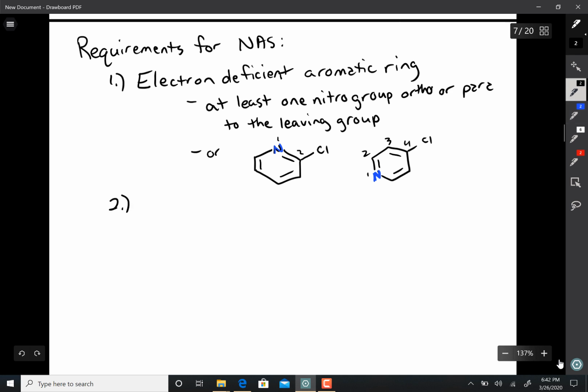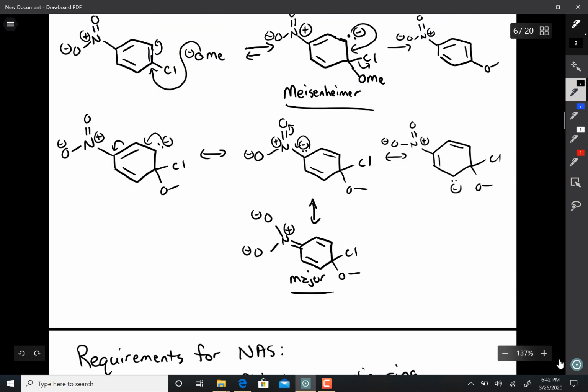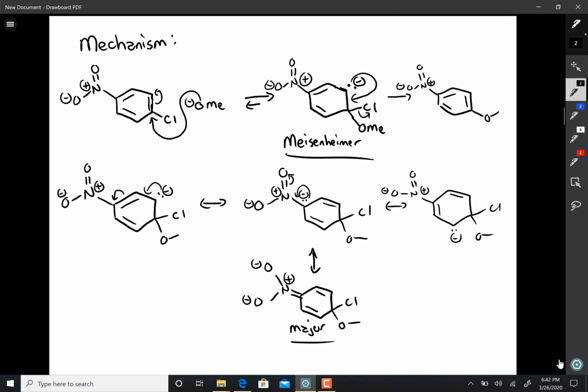Next thing you need is a leaving group. And the leaving groups are a little bit different than SN1 and SN2. See, if you look, the rate determining step in this reaction is this first step, the loss of the aromaticity. The leaving group actually leaving is not as important.